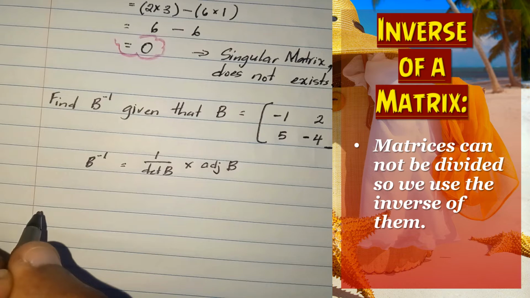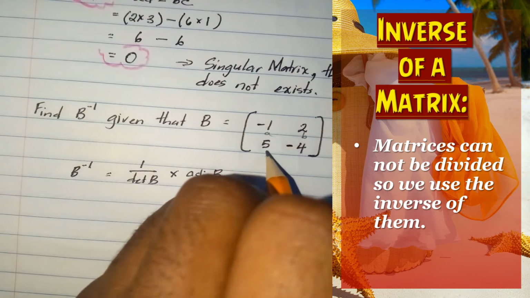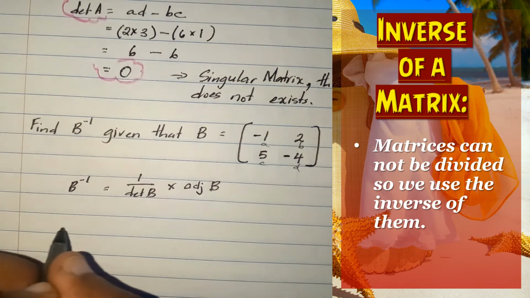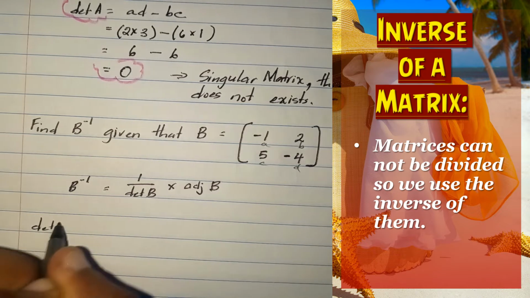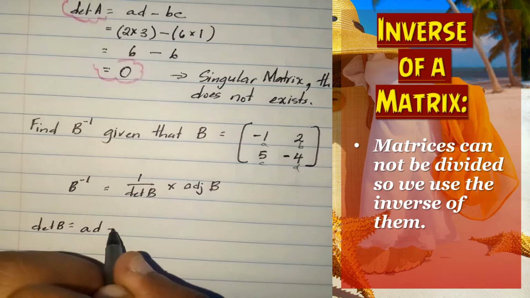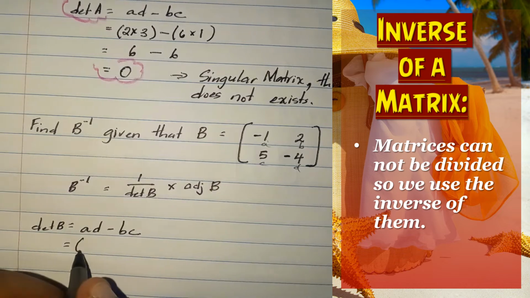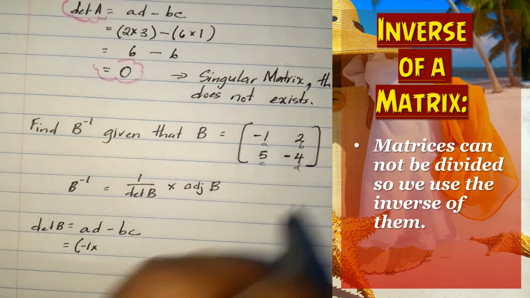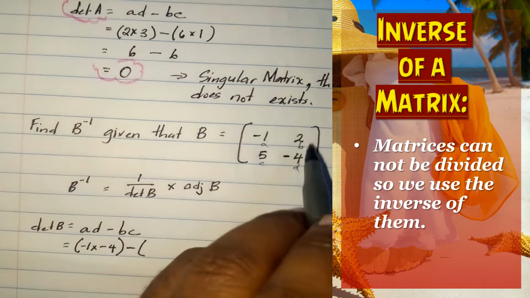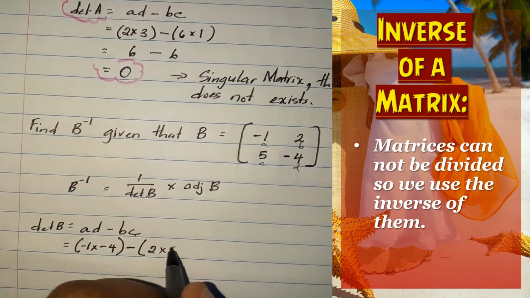So this is the side, and then I'm going to label my A, B, C, D, because I know the determinant formula. So the determinant of B is equal to AD minus BC, and A was -1 multiplied by D, which was -4, and I'm subtracting B, which is 2, and I'm multiplying that by C, which is 5.